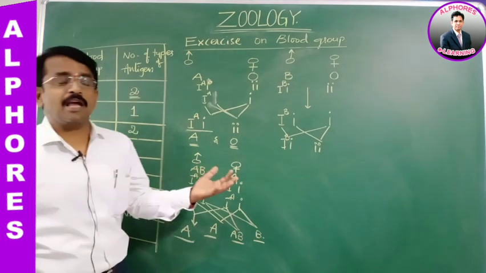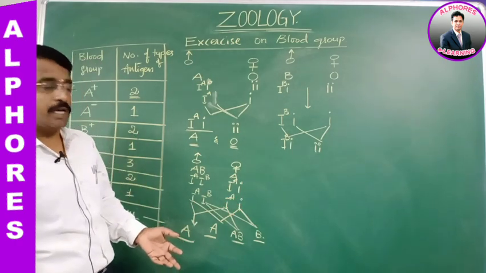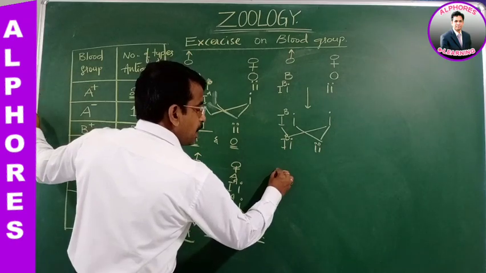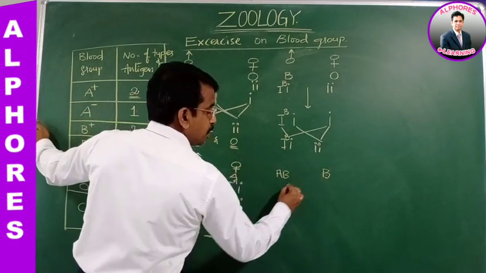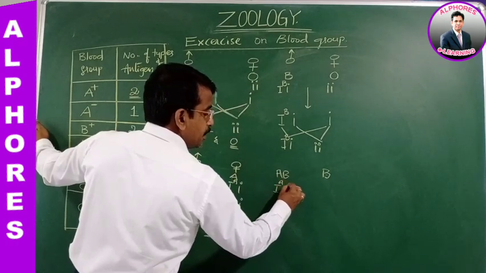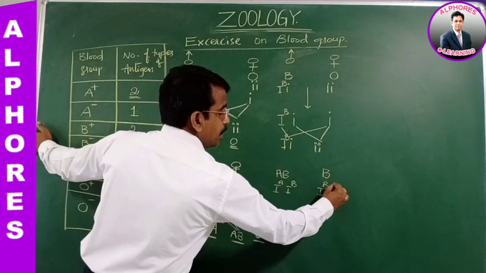If we see AB and B, naturally what we observe is the AB and the B. Look at here, IA, IB and IB, IO.